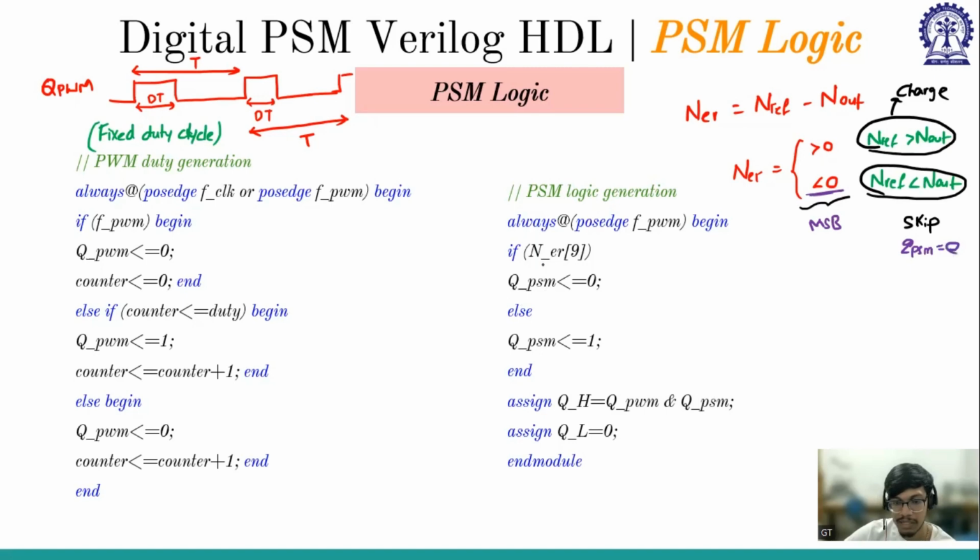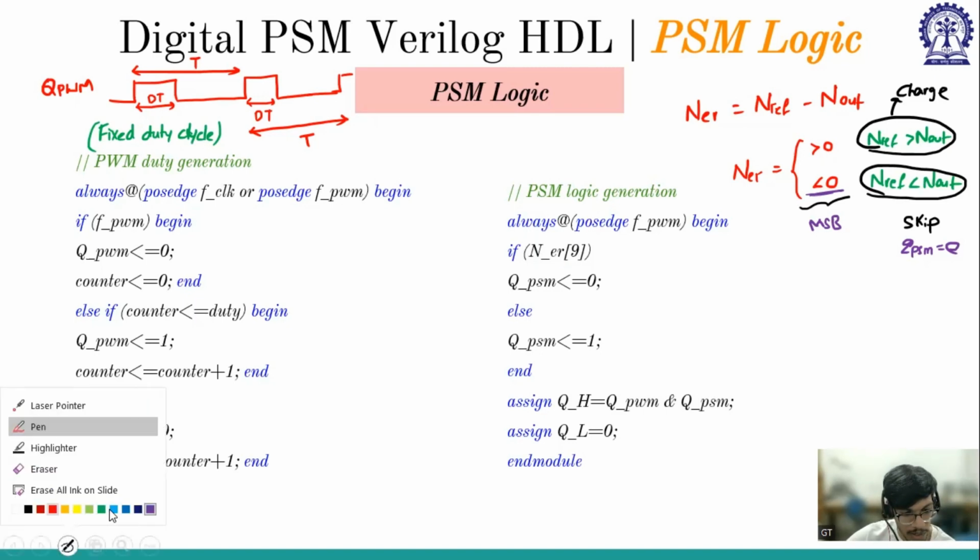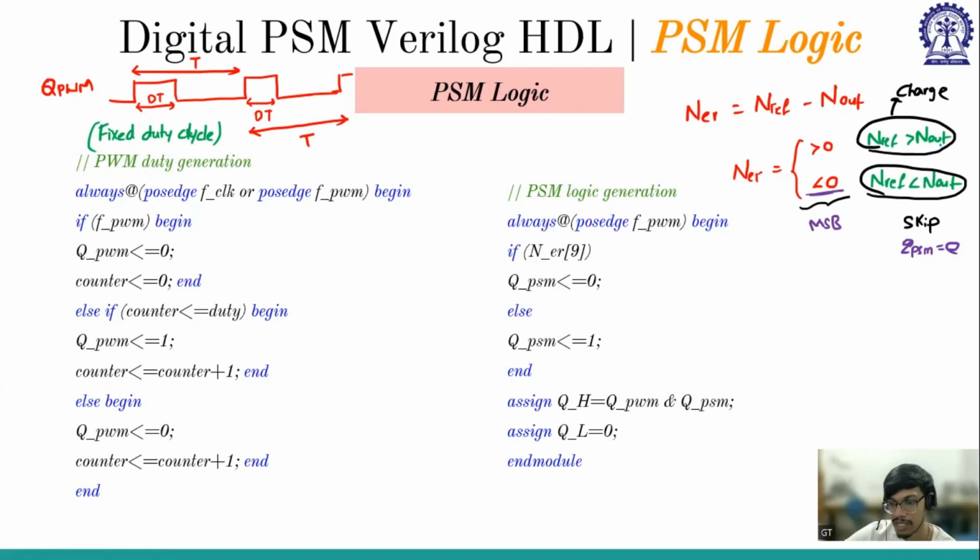Else, the most significant bit is 0, which means positive. Positive means that n reference is greater than n out, which means charge pulse, which means QPSM is 1.